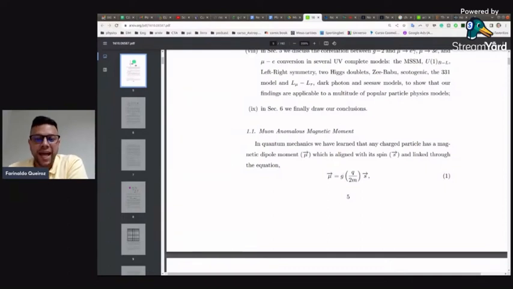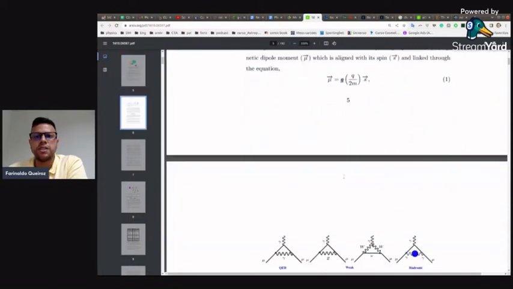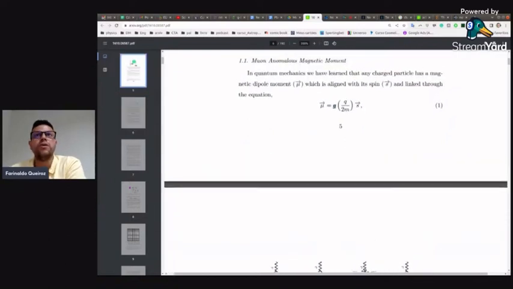I'm trying to test whether this g is precisely the value predicted by the Dirac equation. The Dirac equation predicts g to be equal to 2, using classical field theory, not quantum field theory.